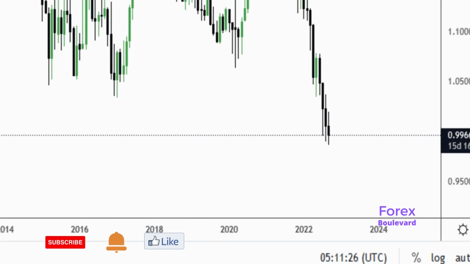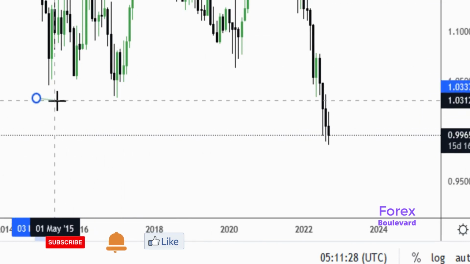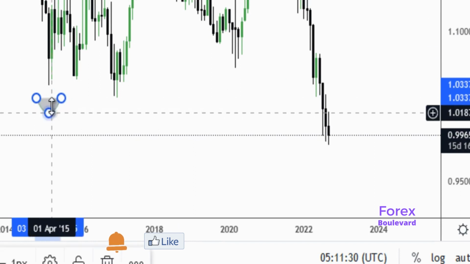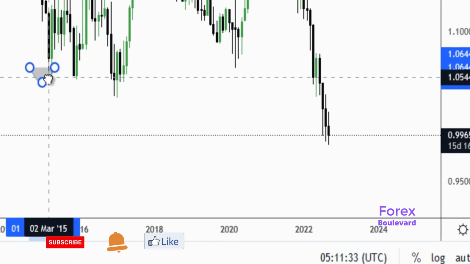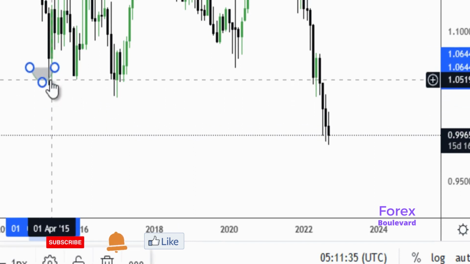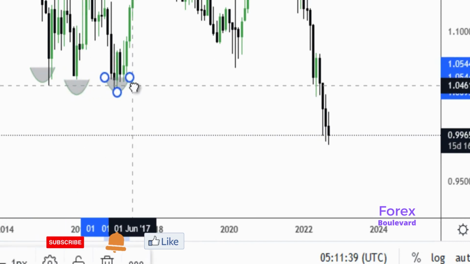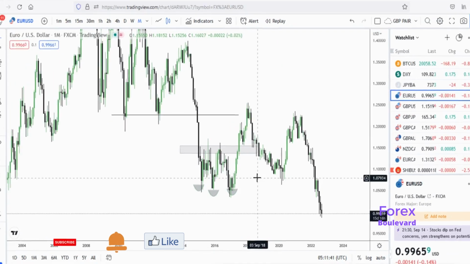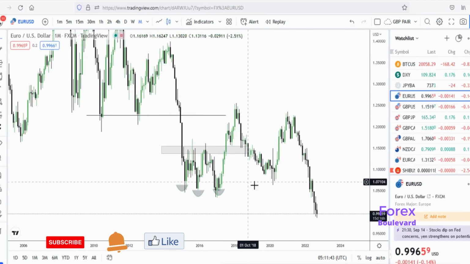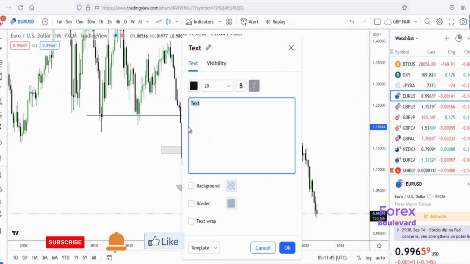We have this, price came here, did this, we have this, we have this. And then of course we have the neckline.